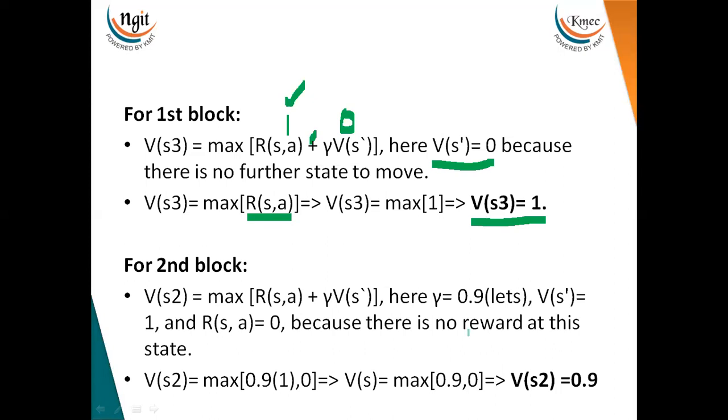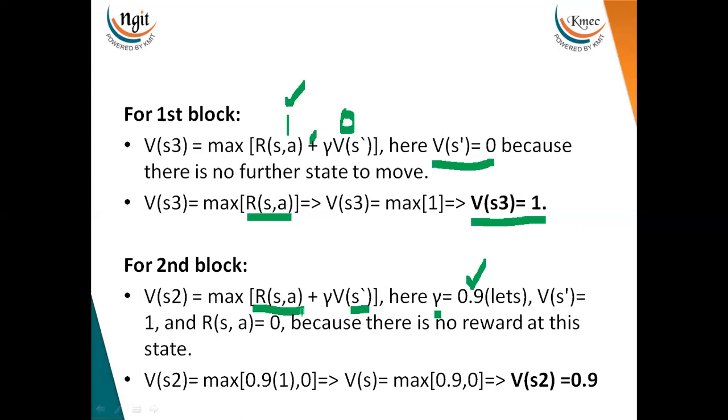Now, when I am going to the second block, what is happening? You have to find out the value for S2, taking the help of the value at the previous state, that is S3. For that purpose, I need the value of gamma. Here, I am considering the value of gamma as 0.9. Now, 0.9 should be multiplied by 1.